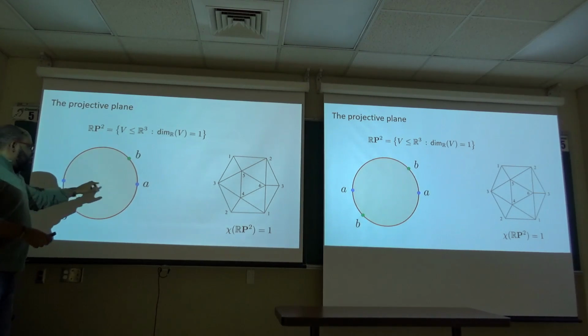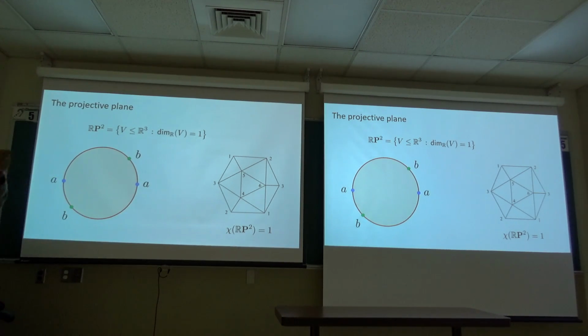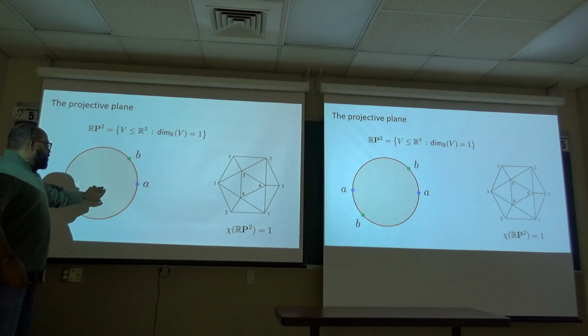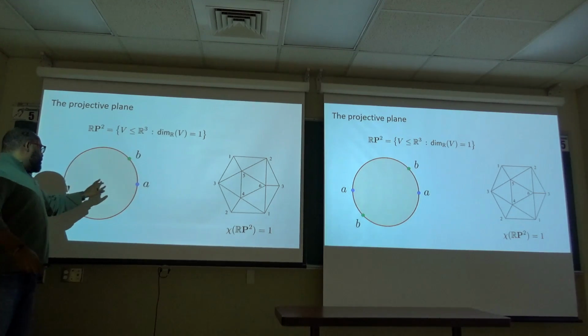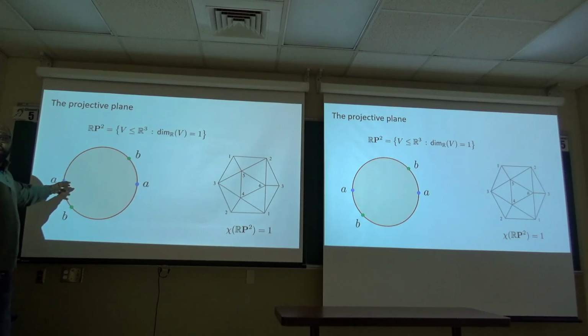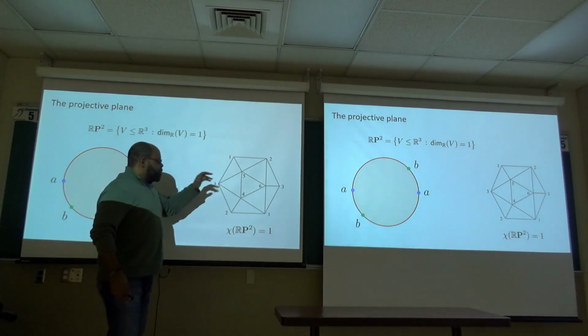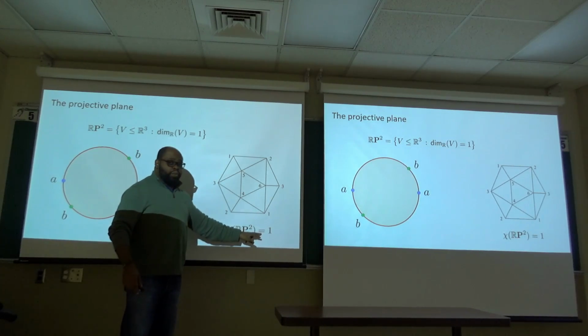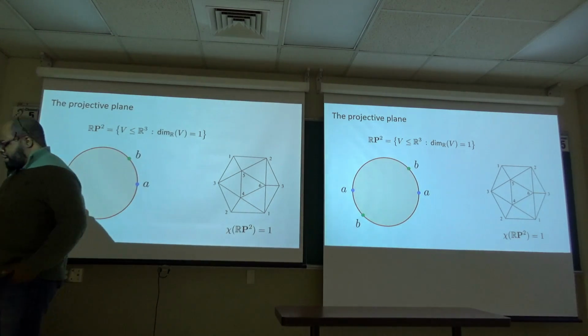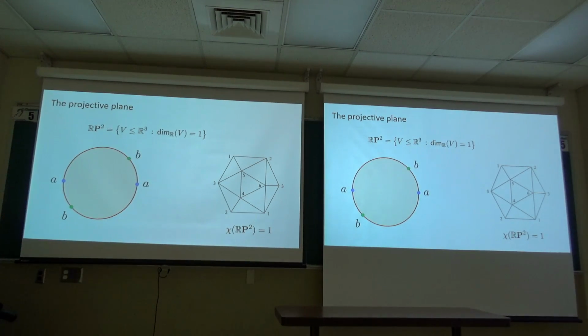Every 2 points that are antipodally opposed, we're going to paste them together. For example, if you're walking in this direction, then what happens is that you get teleported to this side. Here is a triangulation of RP2, the projective plane, and the Euler characteristic is 1. I don't want to just give you a bunch of examples.